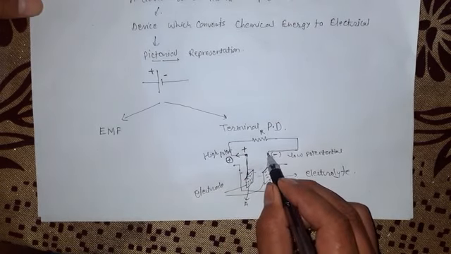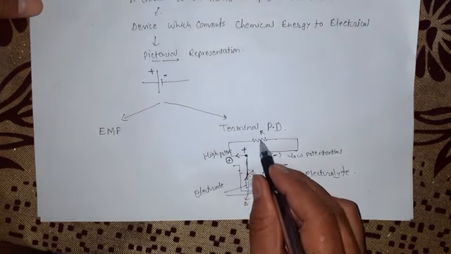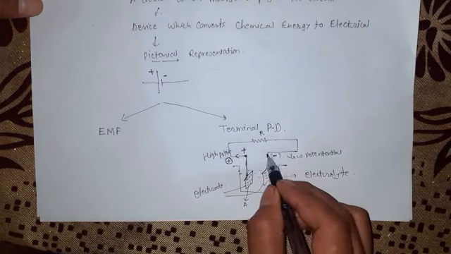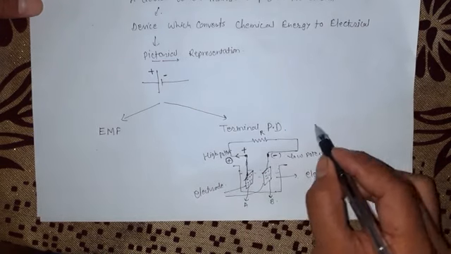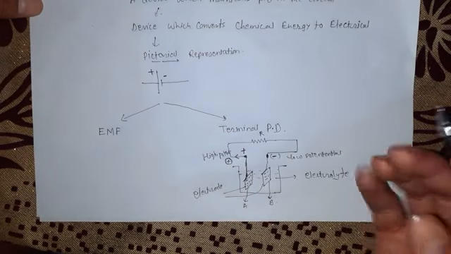Okay, so up to here I am going to say that it goes through the circuit from the positive to the negative. Therefore it is moving just outside the cell in the circuit.